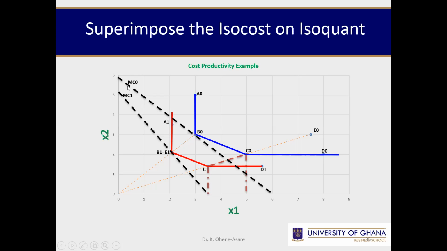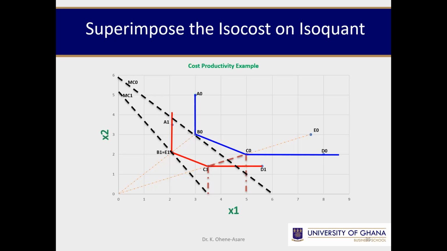Nothing else. Now, the way these isocosts are looking is a result of the approach that we used, the Tone's approach. So keep that in mind. And by the way, note that you are estimating these efficiencies and cost productivities using Tone's approach of cost.